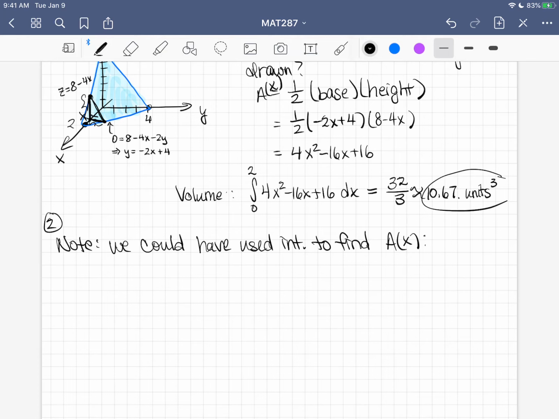All right, so think about that triangle again. I'm going to draw it with a little more room here. It starts at y equals 0 and goes to y equals negative 2x plus 4. And this is along the plane z equals 8 minus 4x minus 2y.